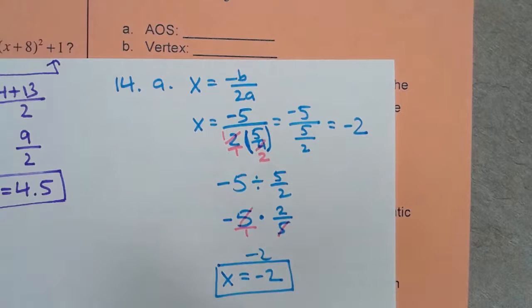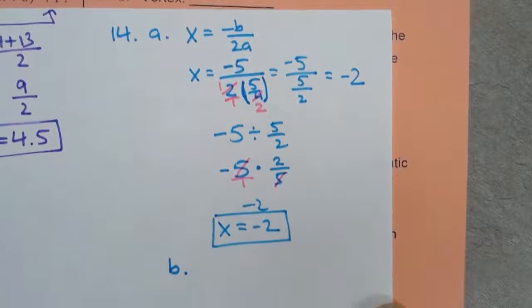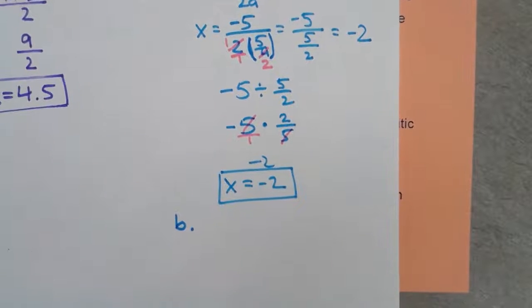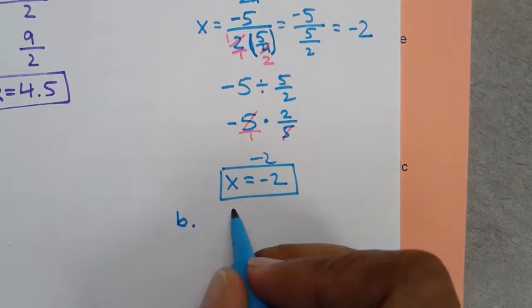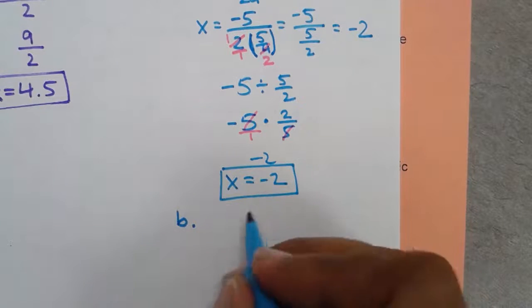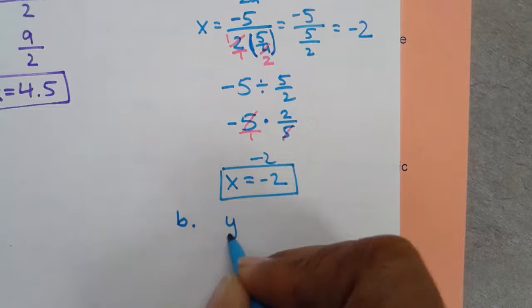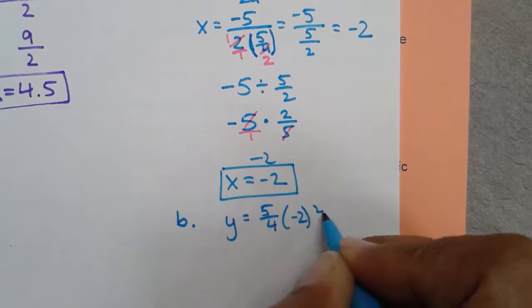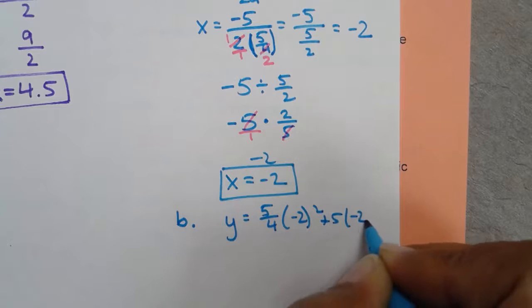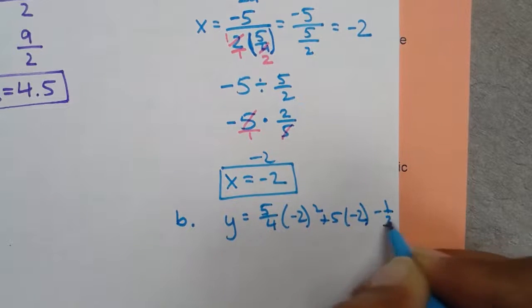And then part B is finding the vertex. Well, you already have the x value of the vertex. You just need to go back and find the y value. So I'm plugging -2 back into that original equation. I have y equals 5 over 4 times -2 squared plus 5 times -2 and then minus 1/3.